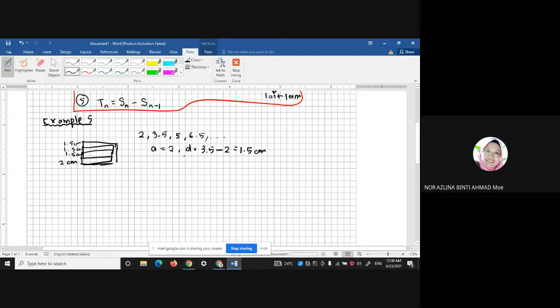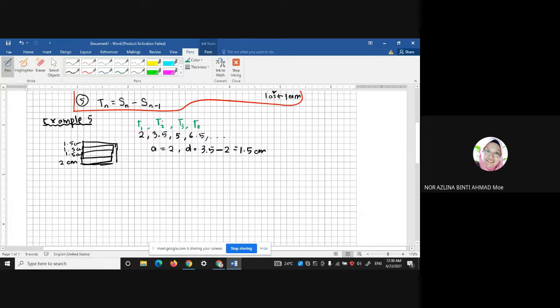Kemudian, find the total thickness of the books if Siti arranges 16 books. Bermaksud yang ini, okay, ini adalah T1, ini T2, ini T3 dan seterusnya T4.